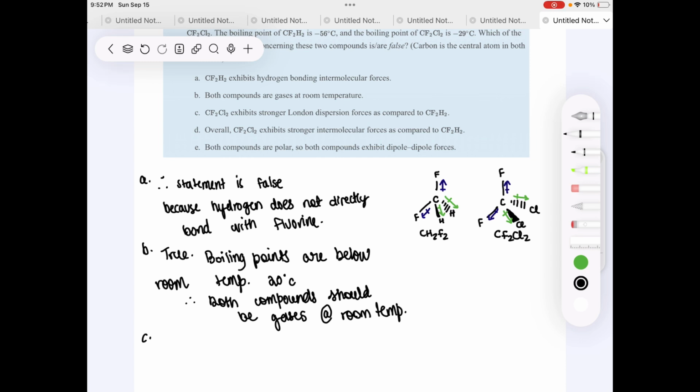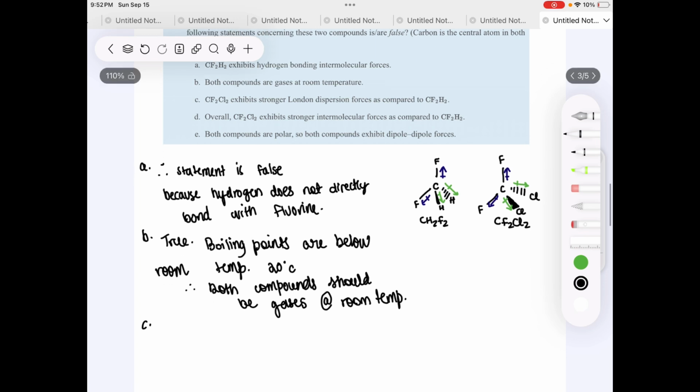Option C. CF2Cl2 exhibits stronger London dispersion forces as compared to CF2H2. This statement is true because CF2Cl2 is larger than CF2H2.